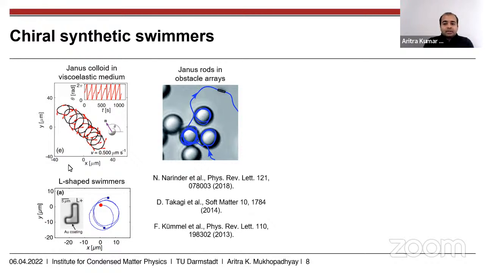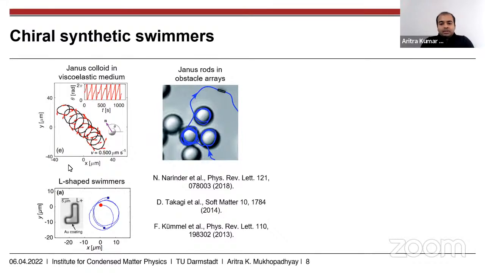It is also possible to have Janus rods, and they can also show circular movement when placed in a suitable fluid medium embedded with certain spherical obstacles. They tend to move around these obstacles due to hydrodynamic interactions.